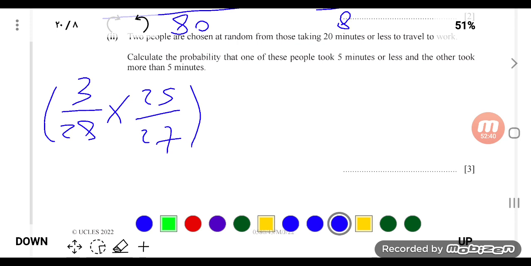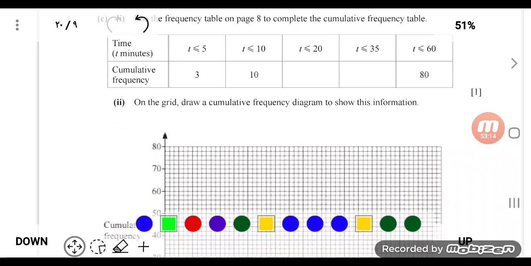And because you need to also change the order, you multiply by 2 and then you get the answer on the calculator. 75 over, on the calculator you get 25 over 126. Okay, let's now see the next question.